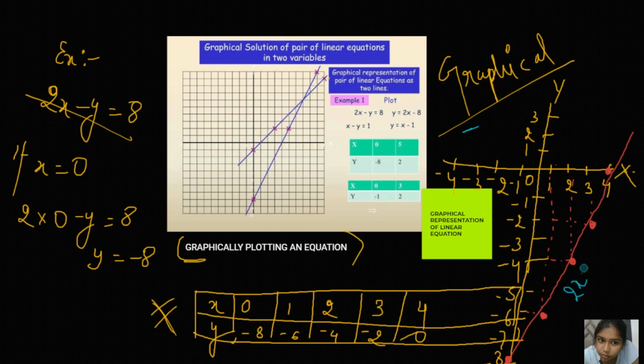So this line is representing this particular equation, right? So this is what we call the graphical representation. This is a very important formula for this whole topic of linear equations in two variables. This is a very basic thing and you can very easily solve the questions related to it.